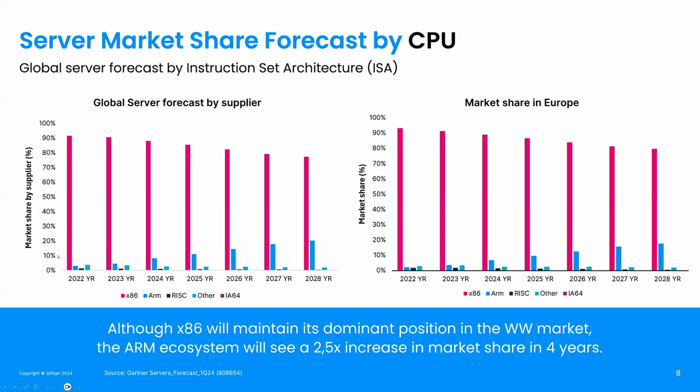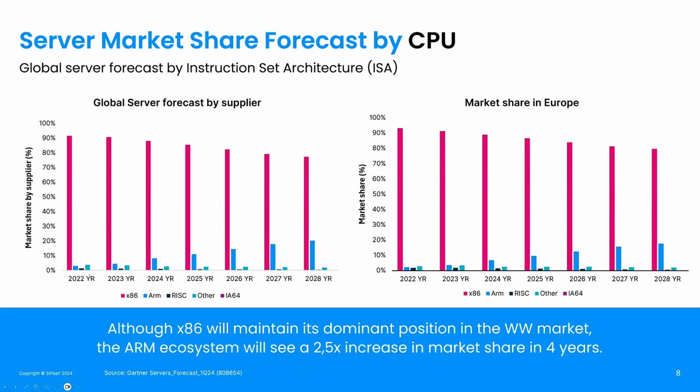What we can see here is that in 2022, x86 Intel and AMD represented almost the totality of the market on the server side. And they will keep most of the market probably even beyond 2028. However, their market share goes down from 90% to approximately 80%.